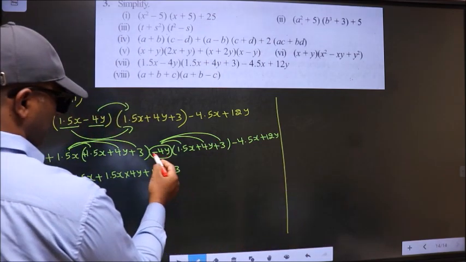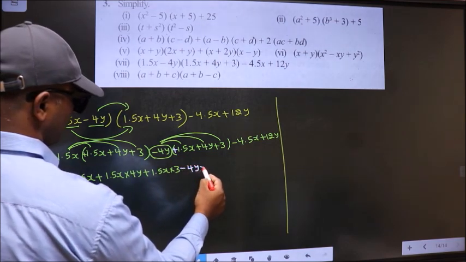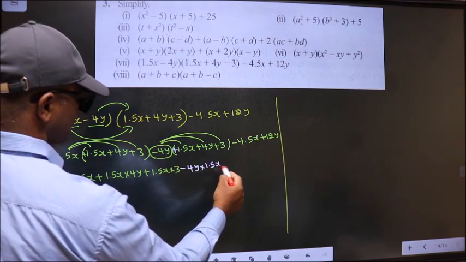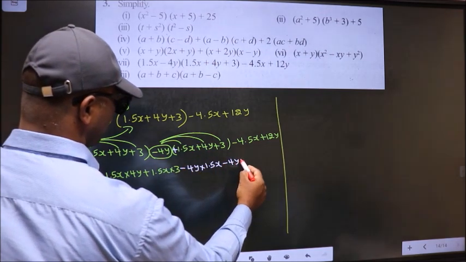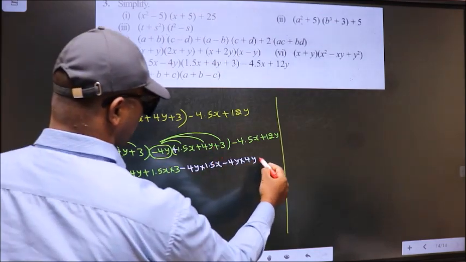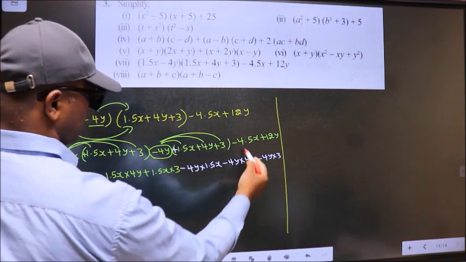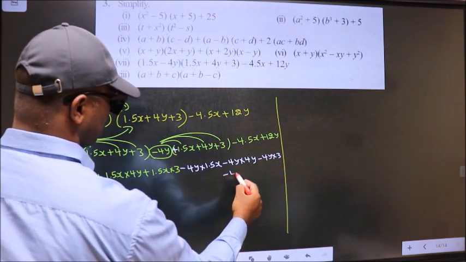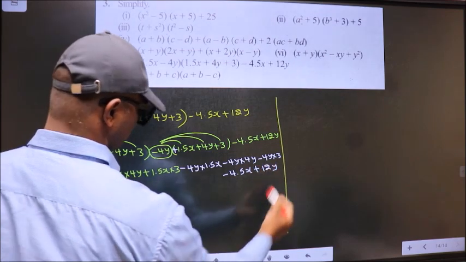That is minus into plus, minus 4y into 1.5x, minus into plus, minus 4y into 4y, minus into plus, minus 4y into 3. This no change, minus 4.5x plus 12y.